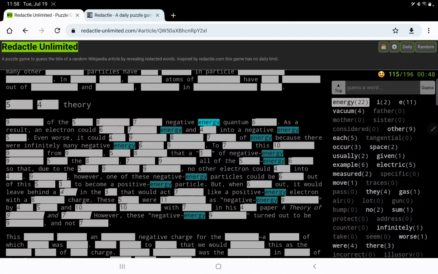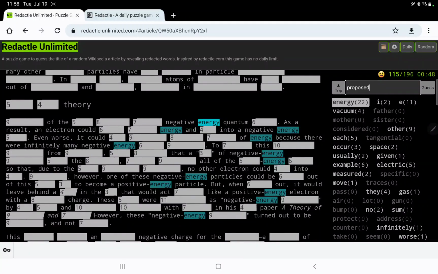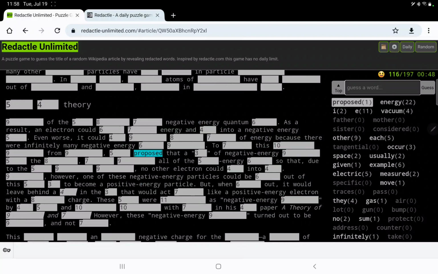To something this. Maybe someone proposed, yes, that a something, so this guy with 5 letters, that's not Fermi or Gauss, proposed that a something of negative energy something, all of the something energy, so that due to the thing, blah, blah, blah.